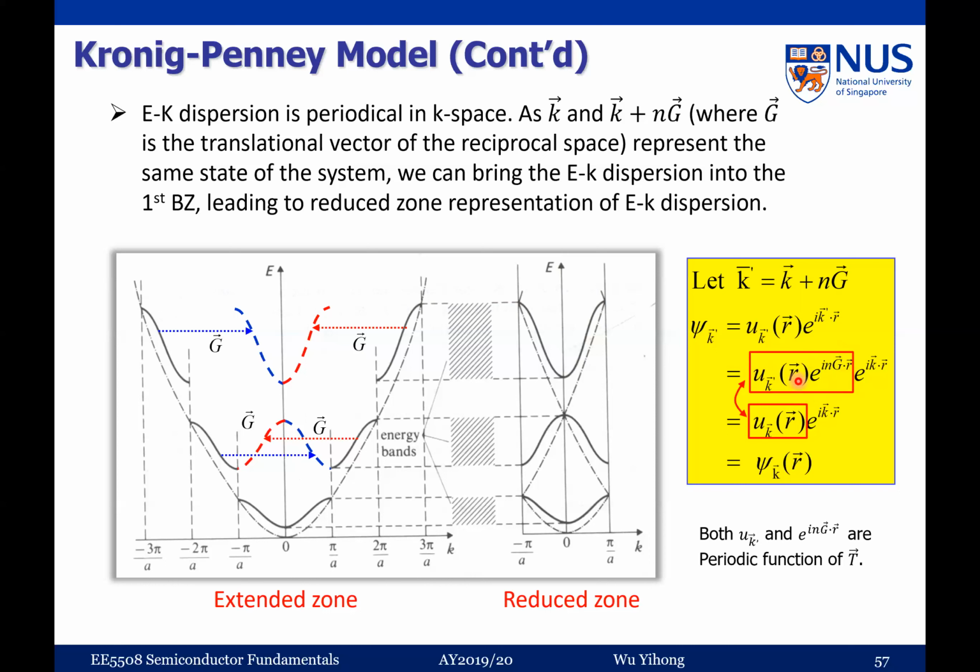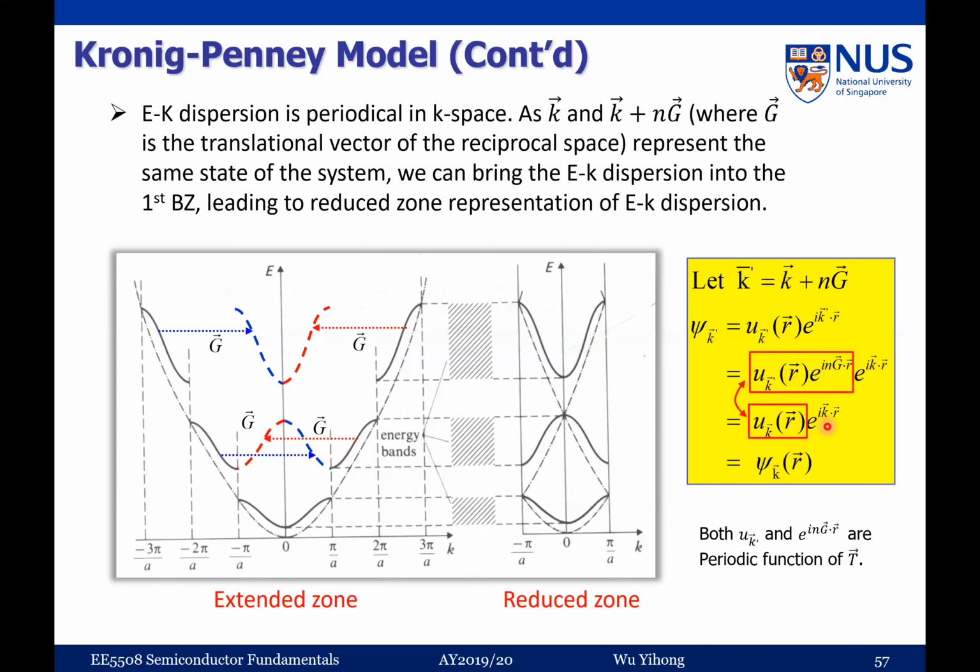Since this has the periodicity of the lattice, and this also has the periodicity of the lattice, put together you still have the periodicity of the lattice, and we just call it U K R, which is a periodic function.